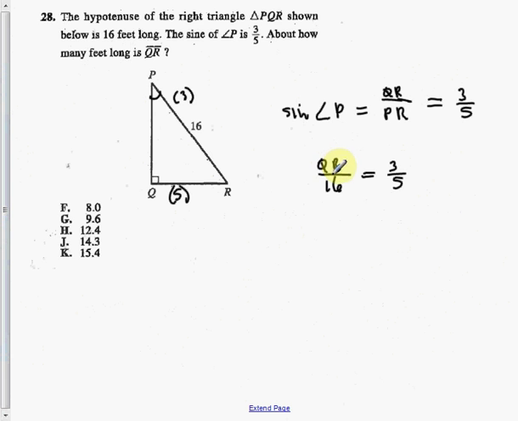So I can solve for QR. Multiply both sides by 16. So QR is 16 times 3 all over 5. You get the answer there. You get 9.6. G. Is that okay?